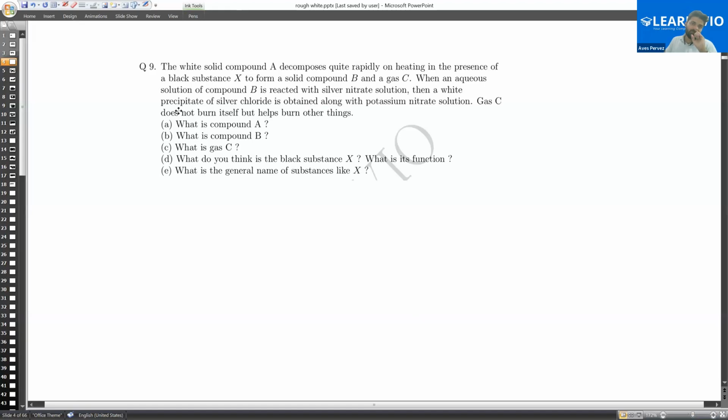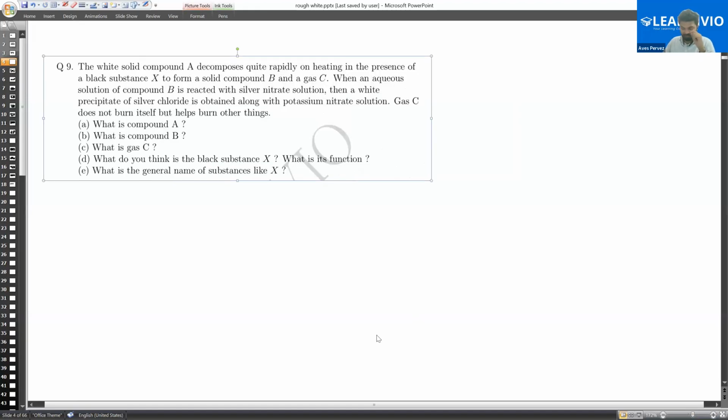First of all, note this question in your notebook. My request is that please make a separate copy for physics, chemistry, biology, as well as for mathematics. Okay, got it?